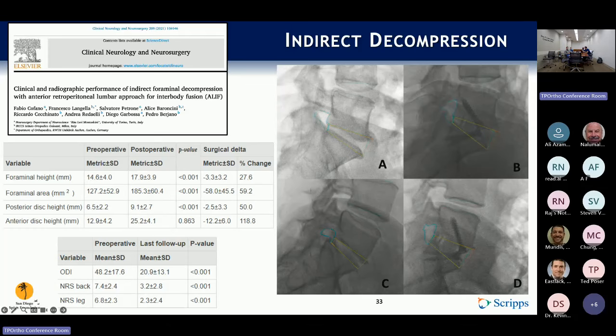You can see that ALIF did provide significant indirect foraminal decompression and improvement of the radicular pain, and that the increase in the foramen height, surface, and posterior disc height was directly associated with the improvement in radicular pain. The image on the right shows the pre and post-op images. You can see the increase in that blue outlined area, indicating the increase in indirect decompression with the interbody there.